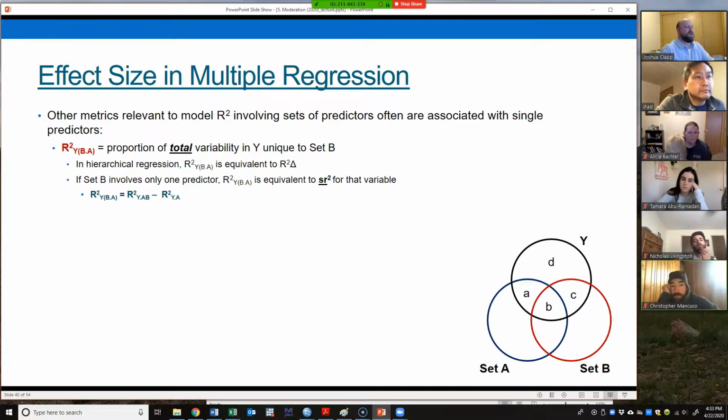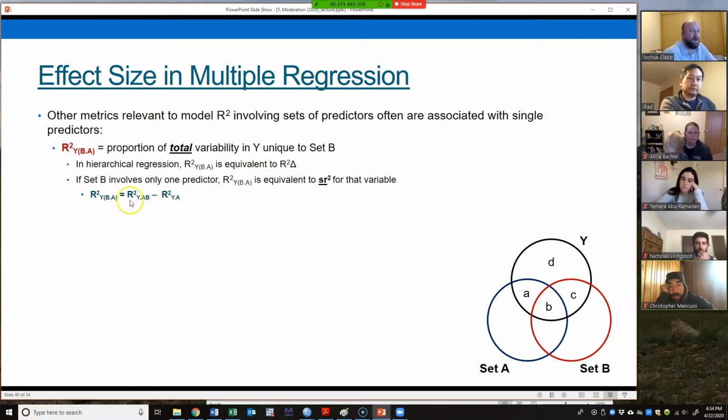So say this is set A, pain, opiate use, and PTSD, and these are my interactions, right? R squared for Y parentheses B given A is the proportion of total variability in Y unique to B. So of all the variability in Y, what's uniquely contributed by my set of predictors B is just this area here. So this value is going to be region C over ABCD, the whole piece of things.